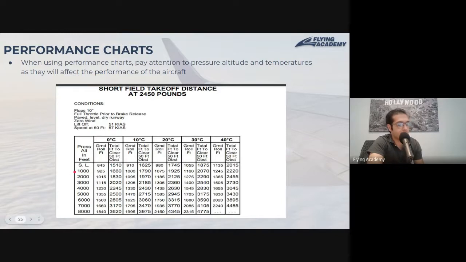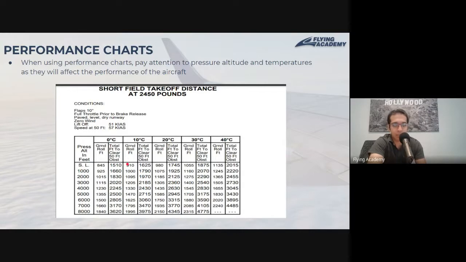Keep in mind this is based on the pressure altitude, but since we don't have the pressure altitude right now, we're just going to assume that's at sea level. Do we know how to calculate pressure altitude? I believe we do. 29.92 minus current altimeter setting, multiply the number by 1000, and add that value to the airport elevation. And let's say we went through all that process with our sea level.